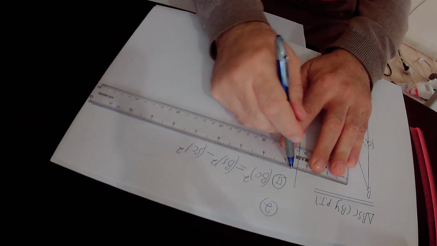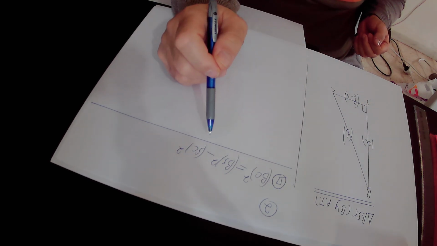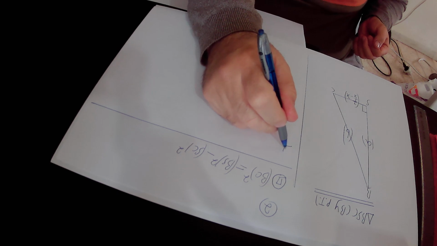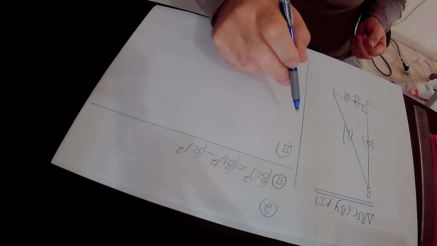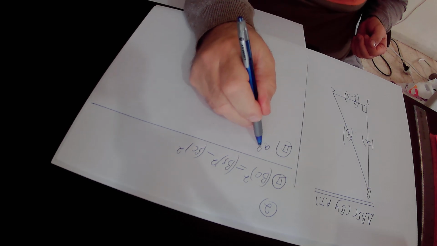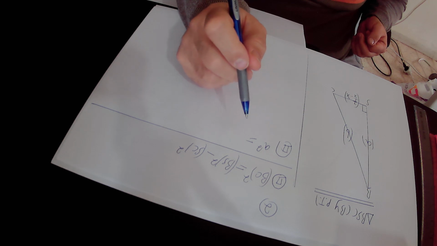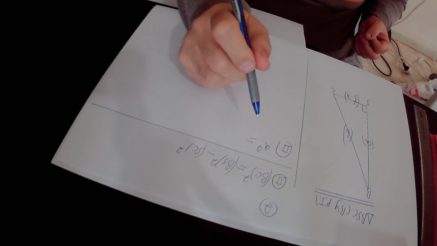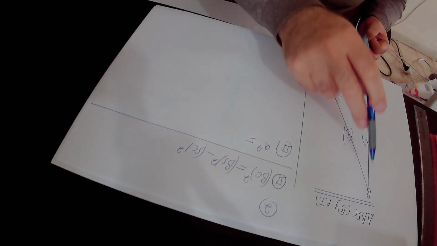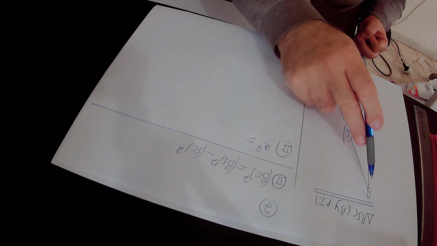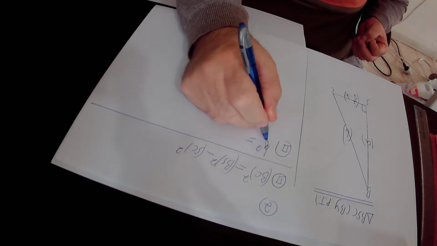According to equation 2, BC square equals BS square plus SC square. BC is B, the hypotenuse, therefore BC square is B square.